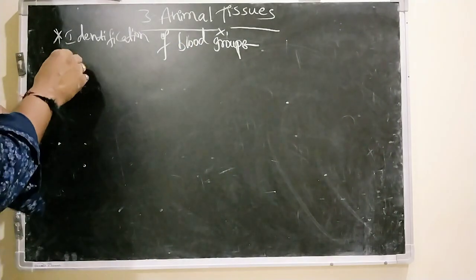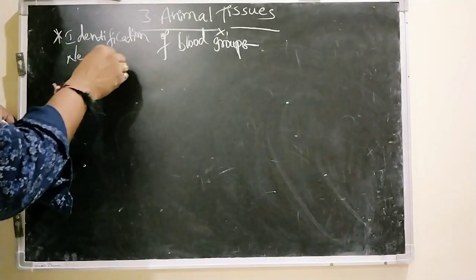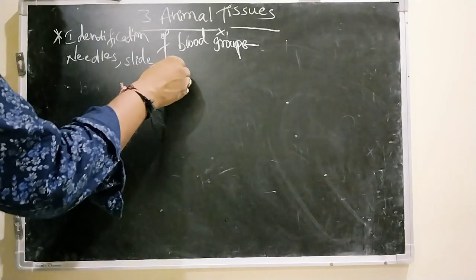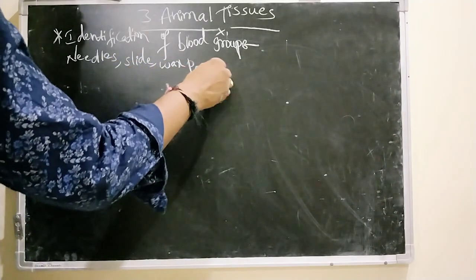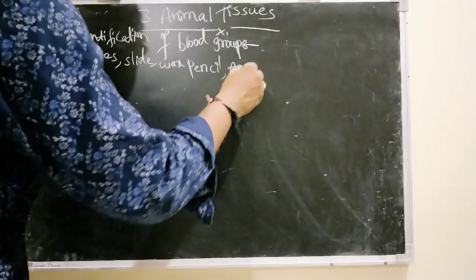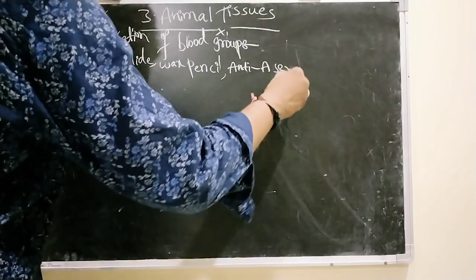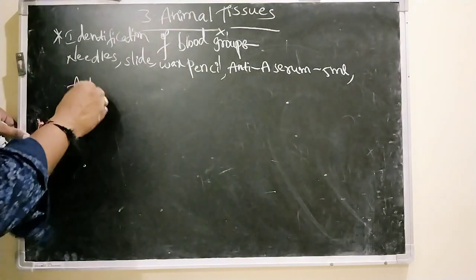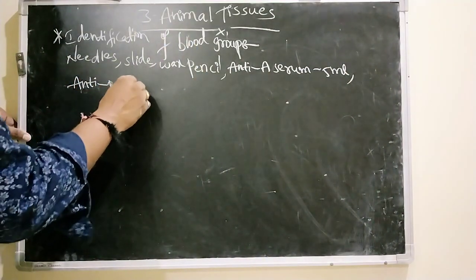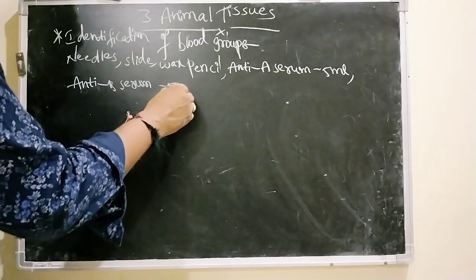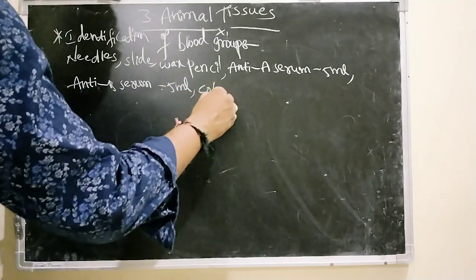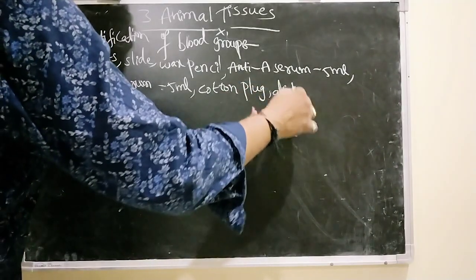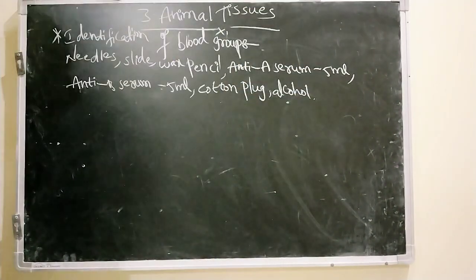For this we have to take some needles, a slide, a wax pencil, anti-A serum 5 ml, anti-B serum 5 ml, and a cotton plug, alcohol or spirit to stop blood flow.